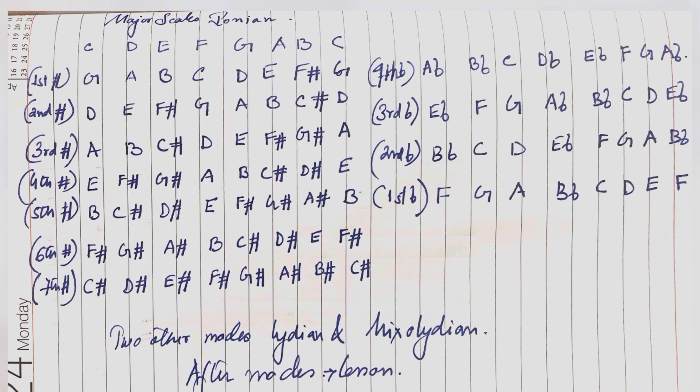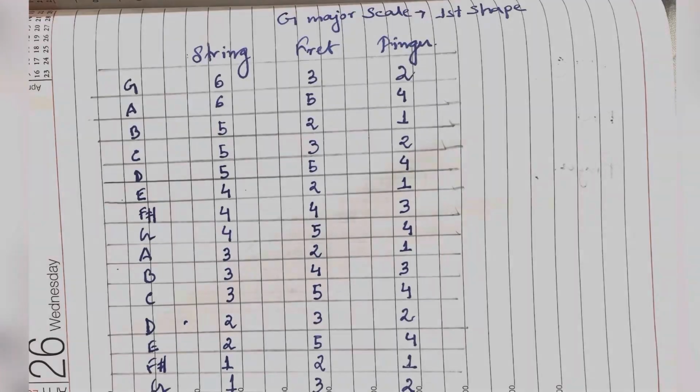So don't need to worry about the word Ionian. Just write down the scales and we will begin with the next one. So this is the first shape of a G major scale. You have to write this down, take a snapshot, then follow along with the rest of the video.